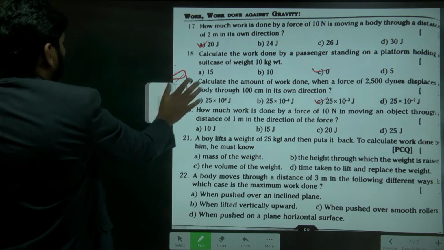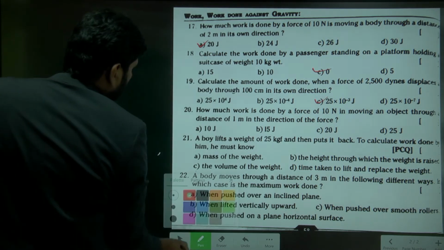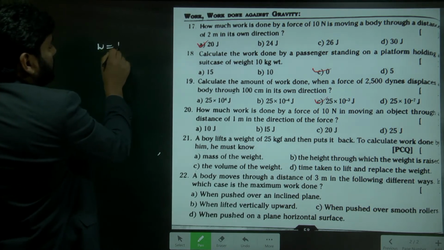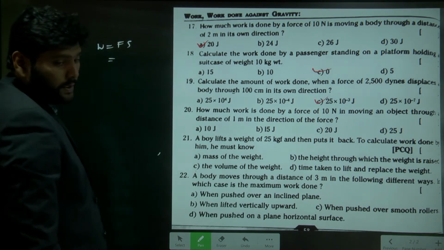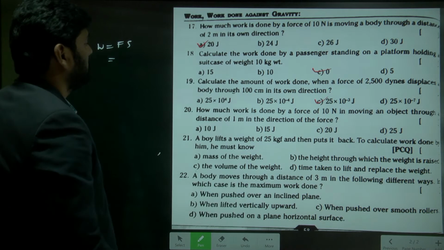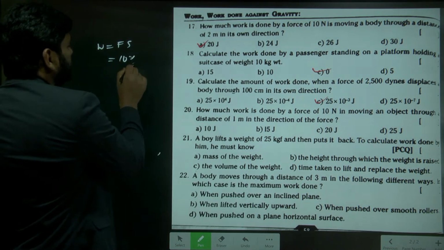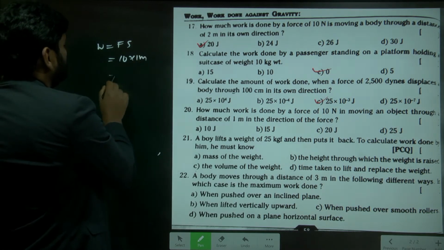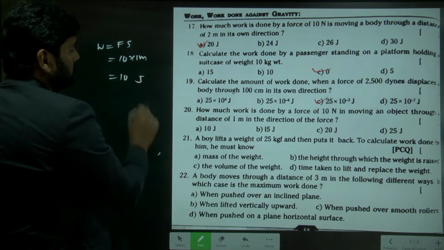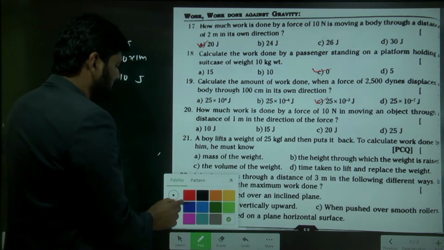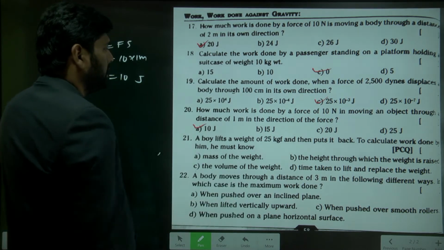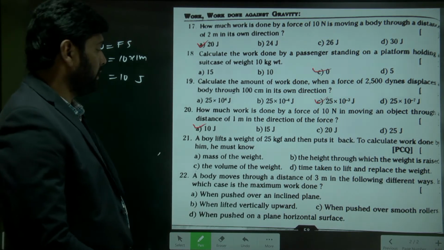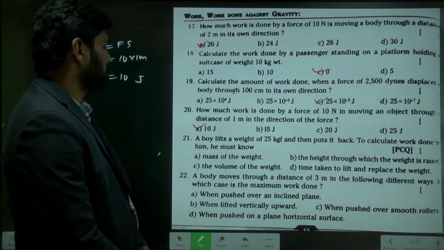Work done is equal to force into displacement. What is the force here? 10 Newton. What is the displacement by the body? 1 meter. So totally how many joules? 10 joules. Which option is correct? The first option is correct. Understand?